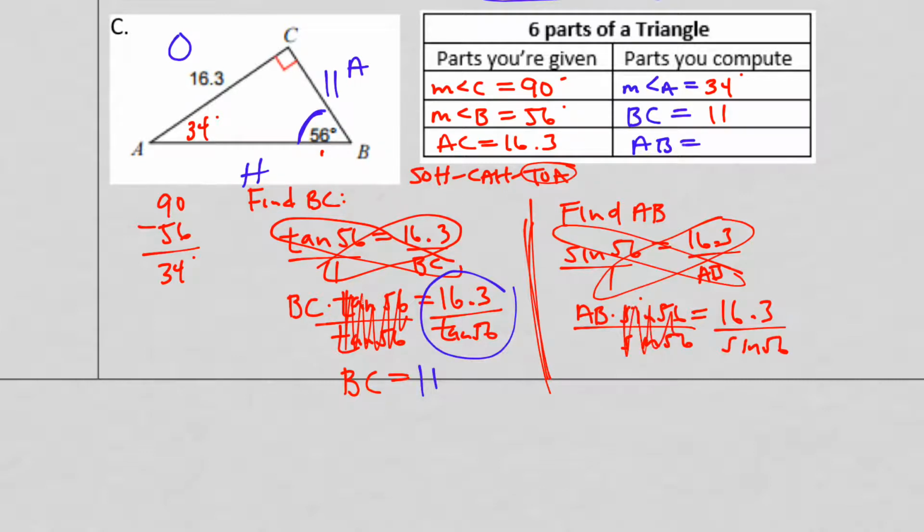So that cancels, and AB equals, once you get to this point, this is the job of the calculator. When you press those buttons, you get approximately 19.7. So with that, we've now found all the missing parts of this triangle. Every angle and every side has a value. We've solved the right triangle.